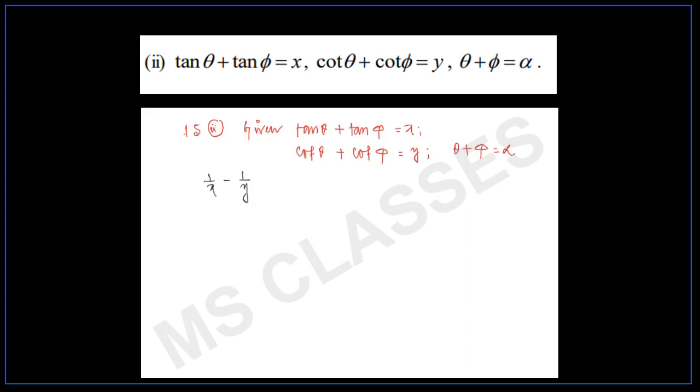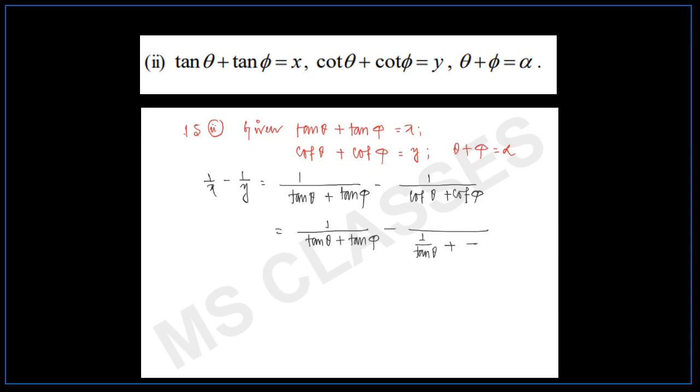1 by x minus 1 by y equal to 1 by tan theta plus tan phi minus 1 by cot theta plus cot phi. Now we can simplify this. 1 by tan theta plus tan phi minus 1 by tan theta plus 1 by tan phi.